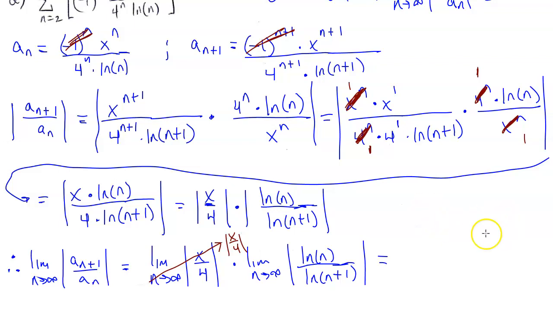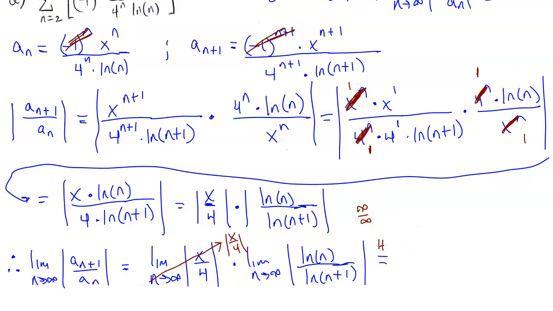Okay. Now, for the second factor, we know that if we plug in infinity for n, for the natural log of n and the natural log of n plus 1, we're going to get infinity in both cases. And so we have an infinity over infinity case, which tells us that we could use L'Hopital's rule.